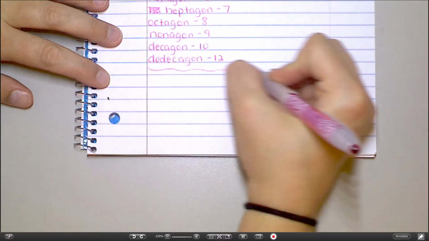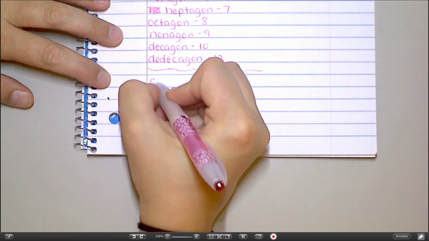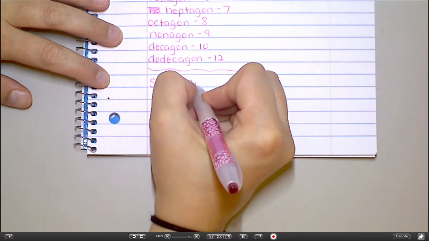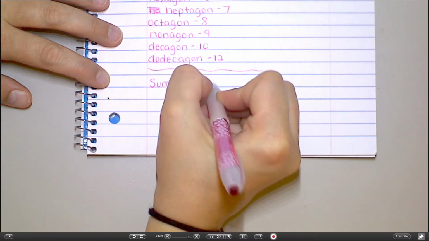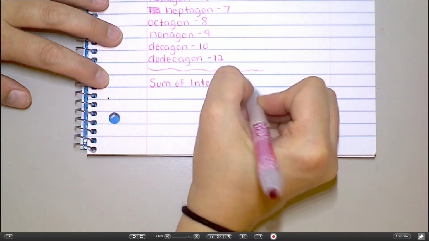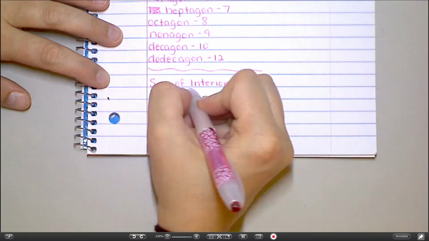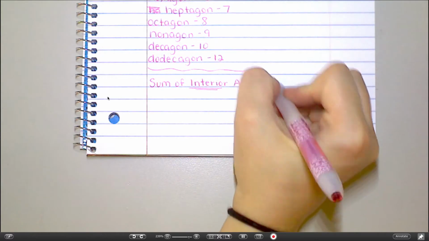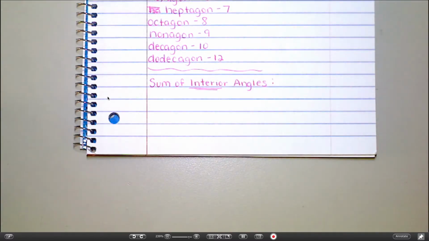Does that sound familiar? The sum of the interior angles, so the angles inside. There's a formula for that. Do you remember what it is, anybody? See if anybody can get close. How to find the total number of degrees.